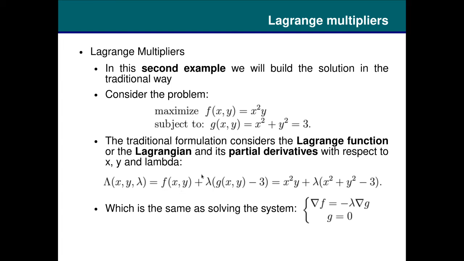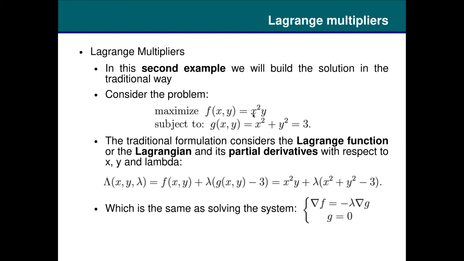Take a look. This is my optimization function. This is plus lambda, plus because this is the same as bringing this term to this side and making it equal to 0, okay? Plus lambda times my constraint minus 3 to make it equal to 0.